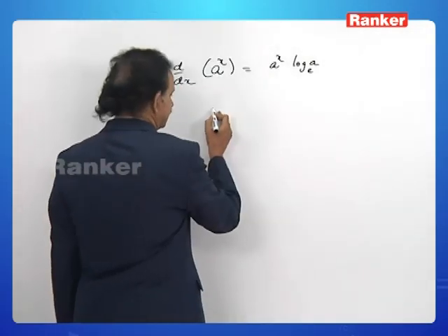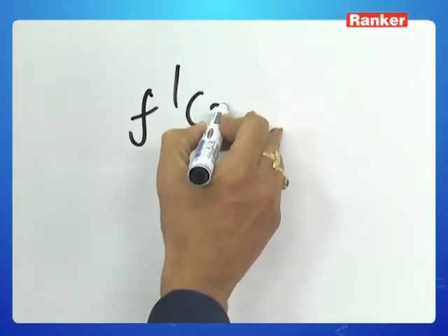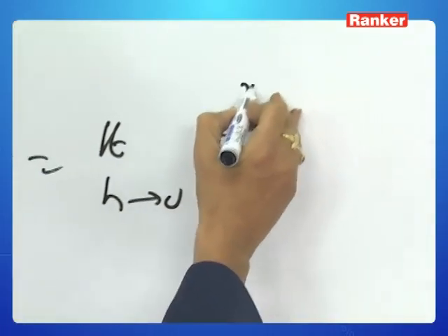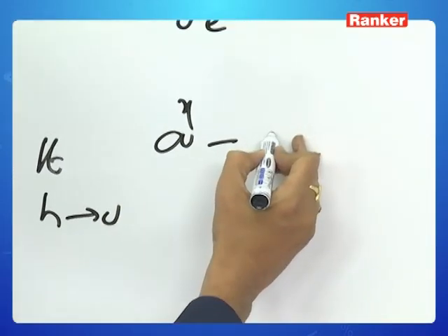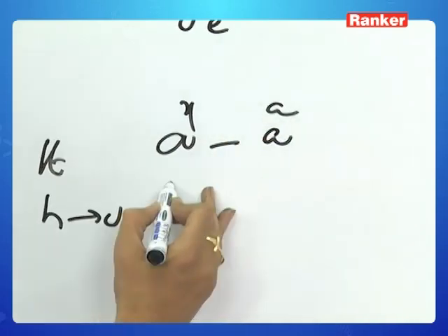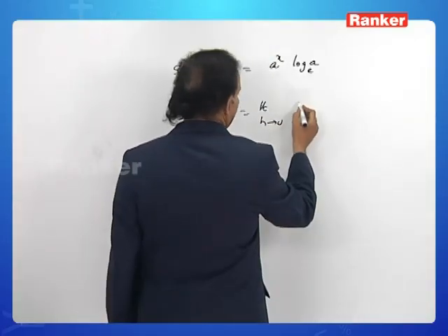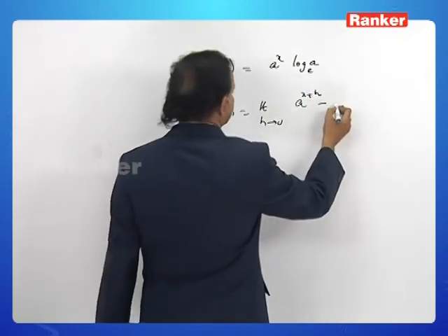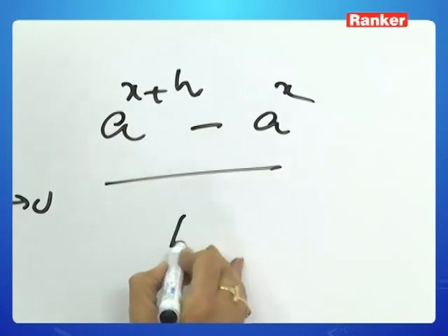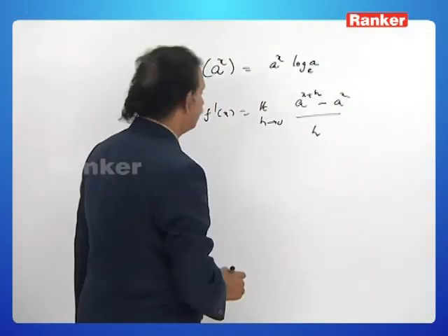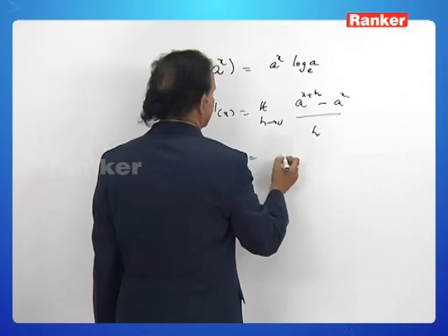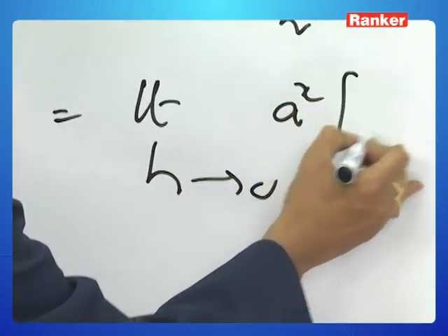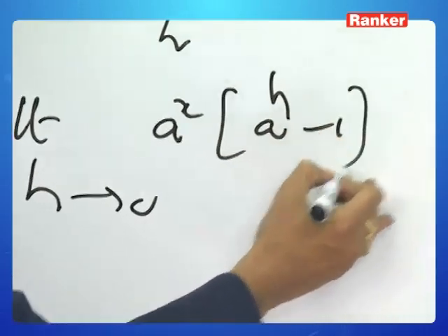Let me call this f of x. f dash x is therefore equal to limit as h tends to 0 of f of x plus h minus f of x by h, which is limit as h tends to 0 of a power x plus h minus a power x by h. This is equal to limit as h tends to 0 of a power x into a power h minus 1 by h.